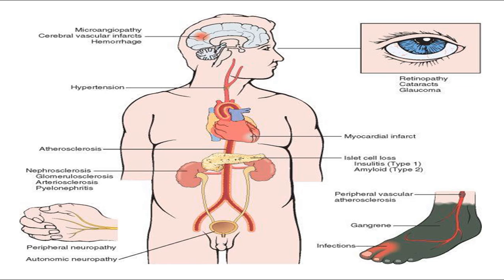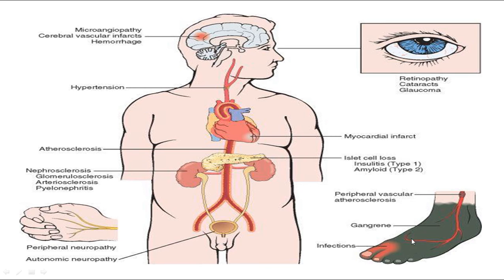So this diagram also explains the complications of diabetes: microangiopathy, cerebral vascular infarct plus hemorrhage, hypertension, atherosclerosis, nephrosclerosis, glomerulosclerosis, arteriosclerosis, pyelonephritis, and peripheral neuropathy due to damage to the nerves, and autonomic neuropathy that leads to loss of control in bowel and bladder habit.